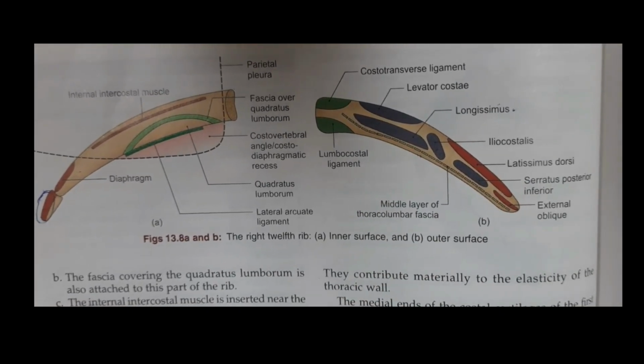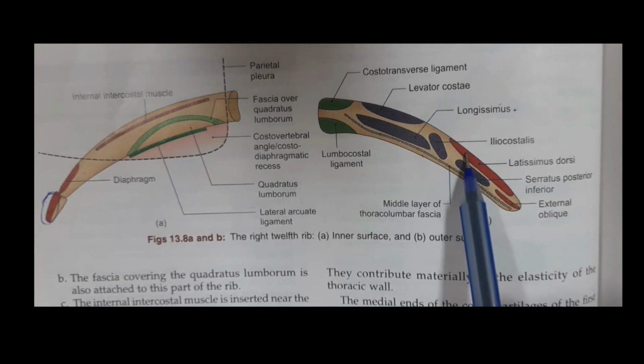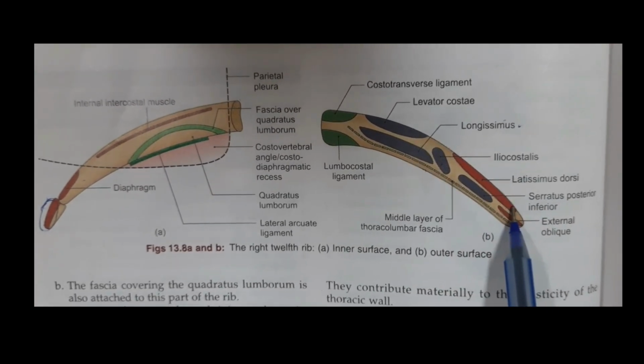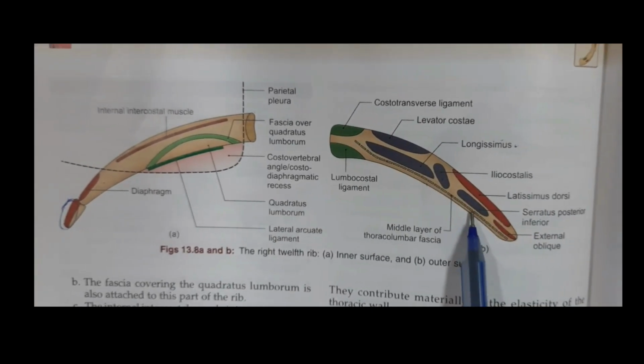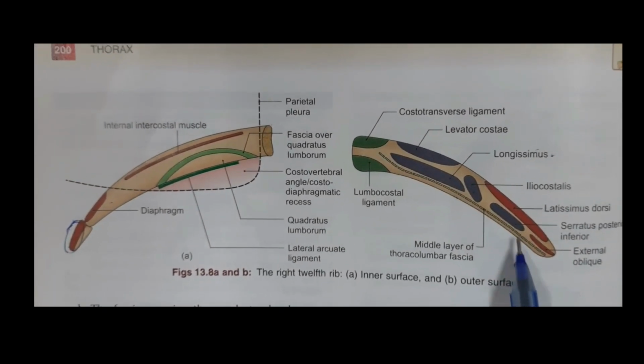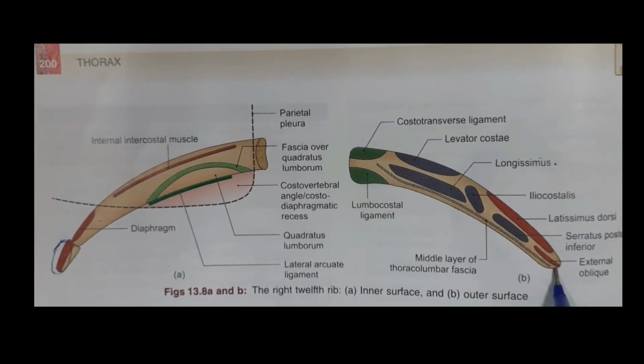In the lateral half, we have the origin of the latissimus dorsi muscle in the upper part, while in the lower part there will be serratus posterior inferior and external oblique of the abdomen muscle.